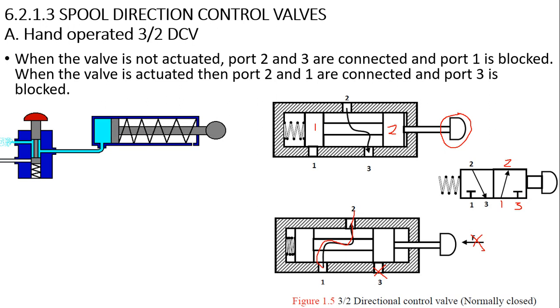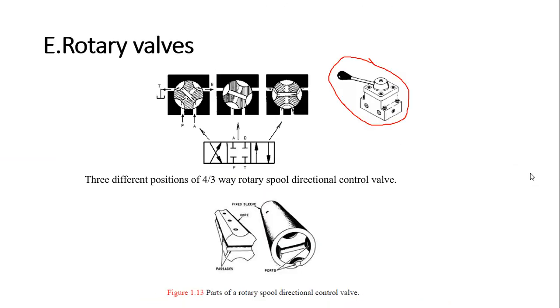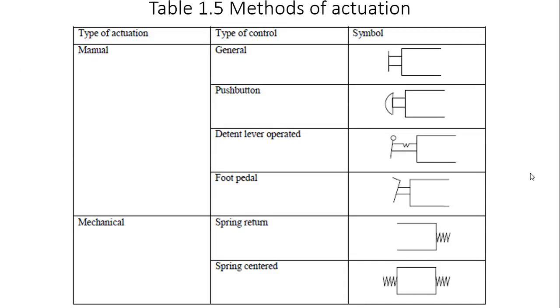This is manual operation. Here there is a push button, and in this diagram you can see that this is manual. The push button is shown by a symbol like this. This is the general, generic symbol.